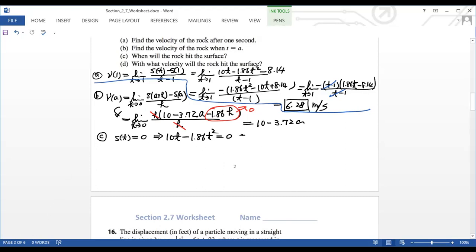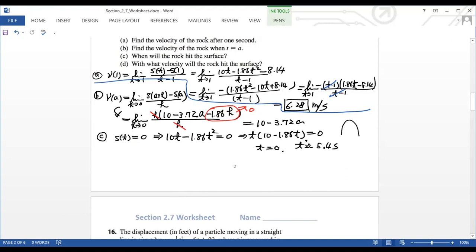Then you factor t out, so t times (10 minus 1.86t) equals 0. So t equals 0 or t is very close to 5.4 seconds. It kind of makes sense, right? At the beginning, the rock is at the ground. Then after 5.4 seconds, it goes up and comes back down to the ground again, right?